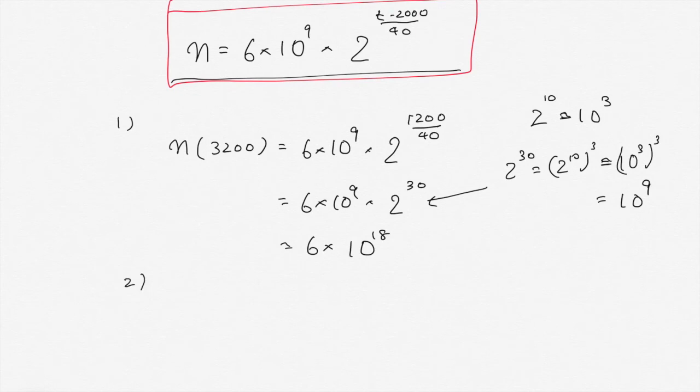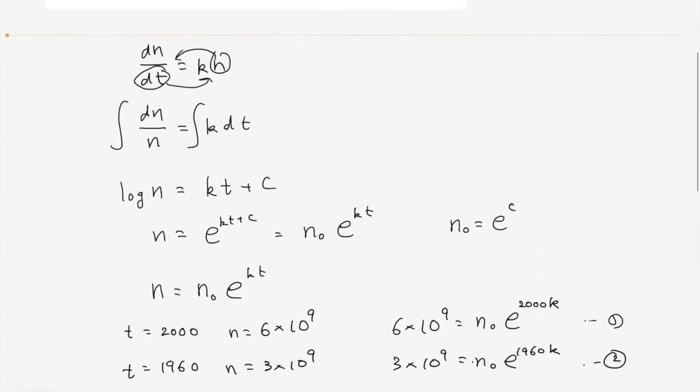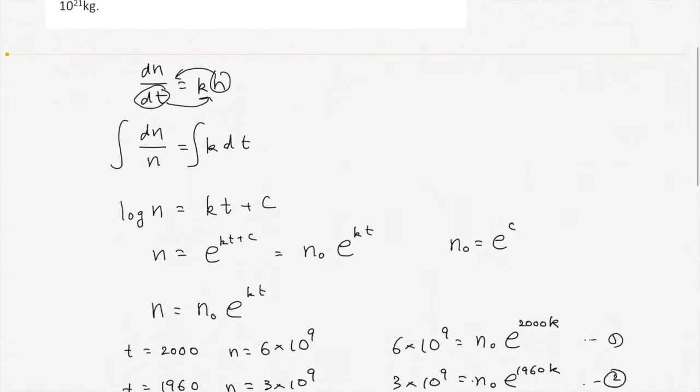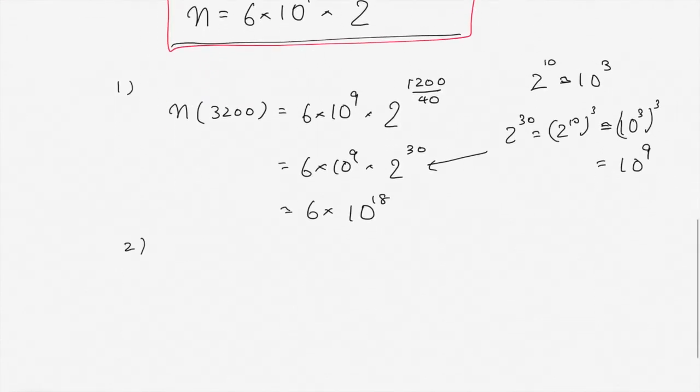Then the second question: assuming the average mass of a human being is 50 kilograms, find the total mass of humans. So the total mass of humans is obtained by 50 kilograms times the world population.